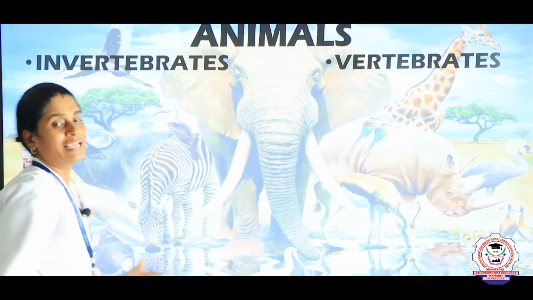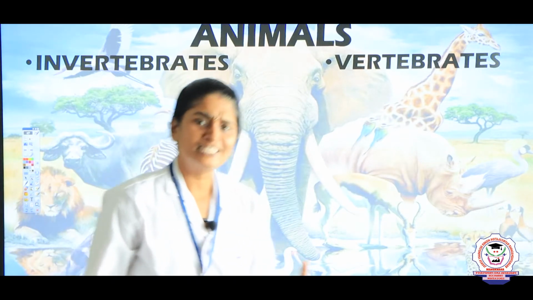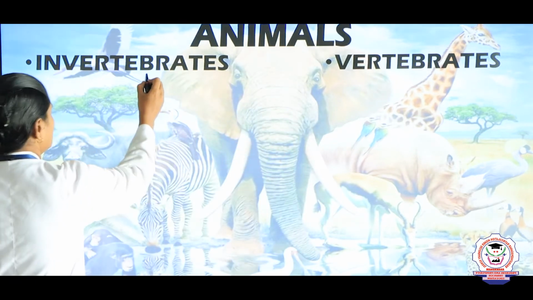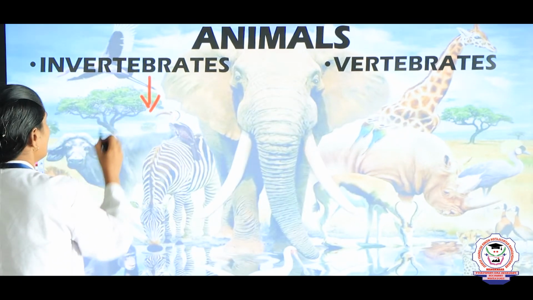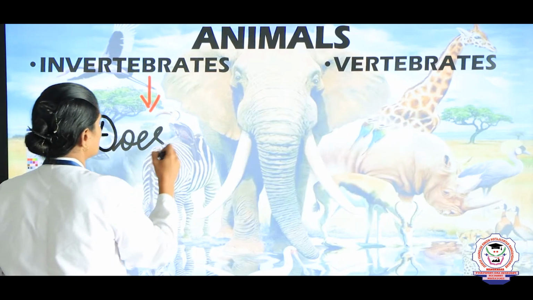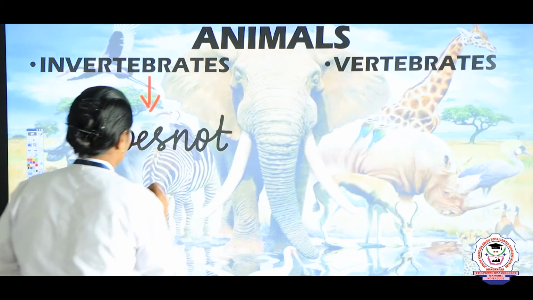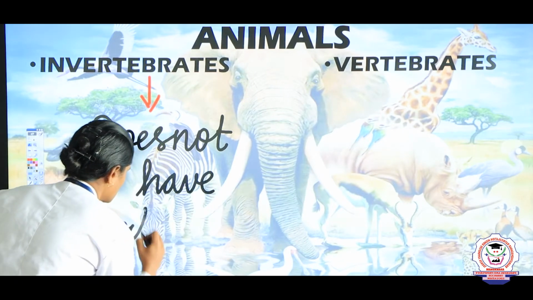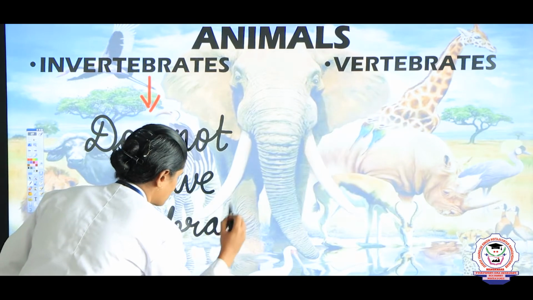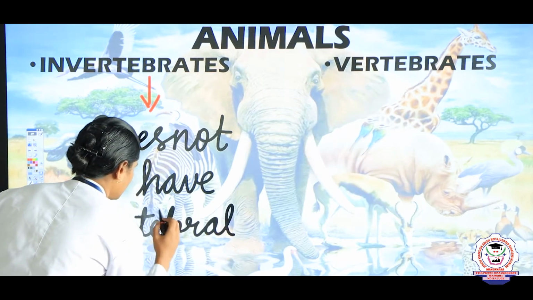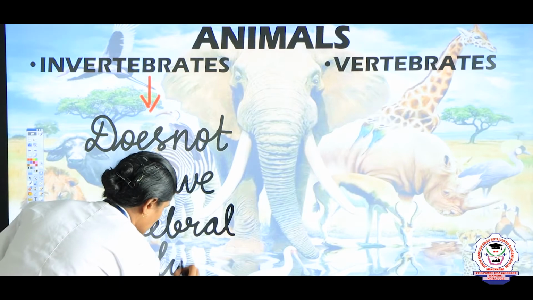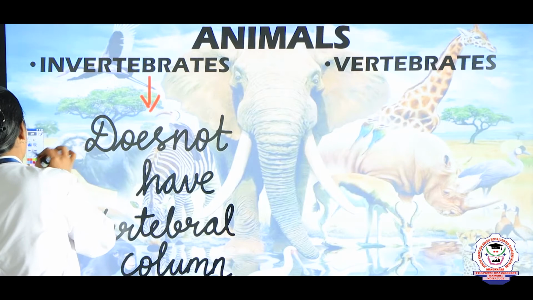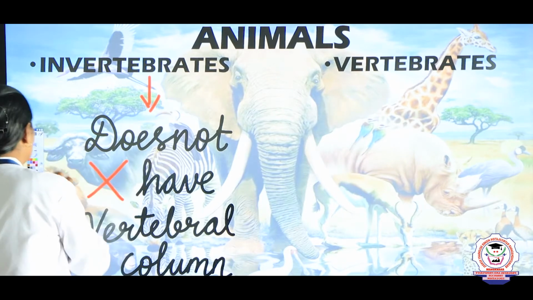Invertebrates means the animals that do not have a vertebral column. They will not have the vertebral column.